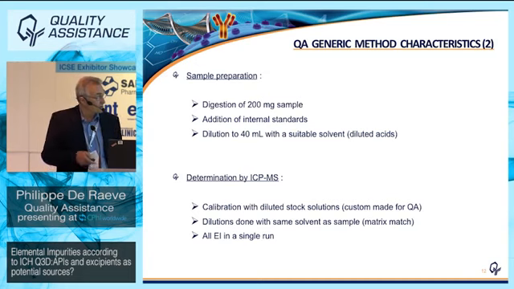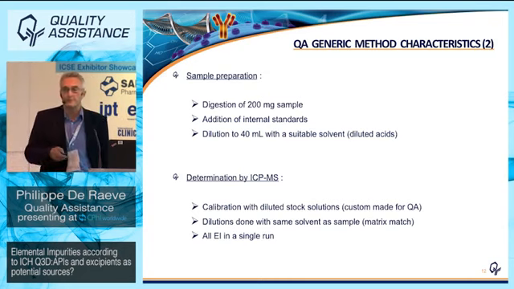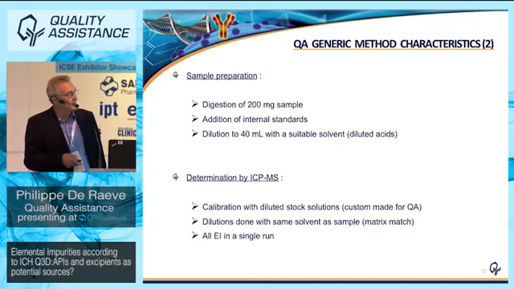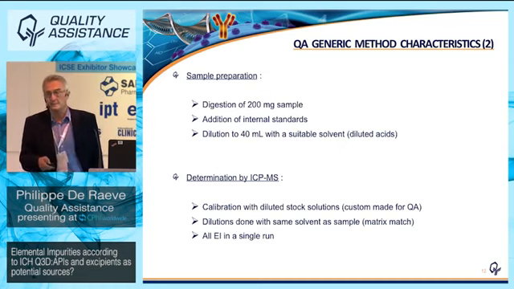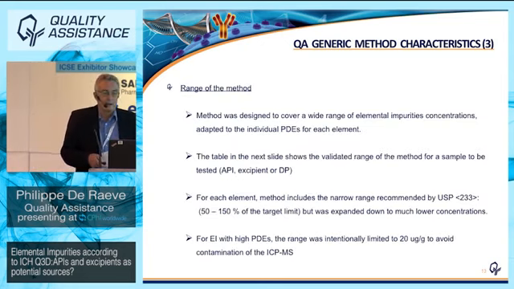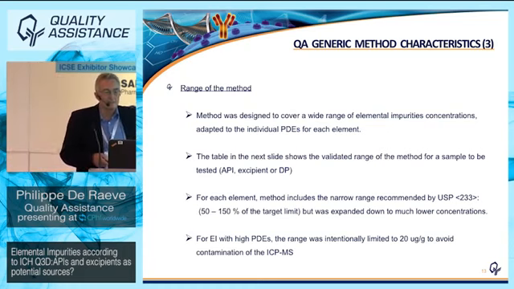The calibration solution are diluted with the same solvent as the sample to ensure a matrix match. That is important in ICP-MS. And all elemental impurities are determined in a single run. I will show in the next slide the range of the method that was designed to cover a very wide range of elemental impurities depending upon the PDEs for each element.